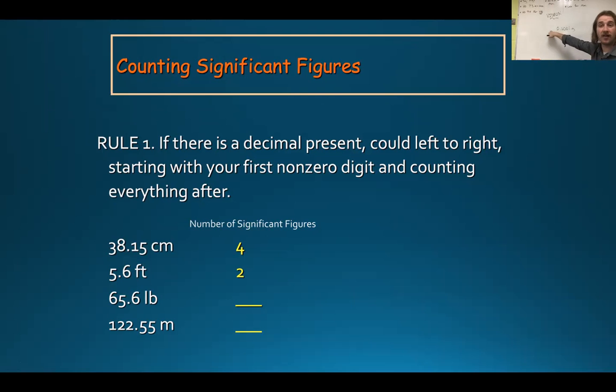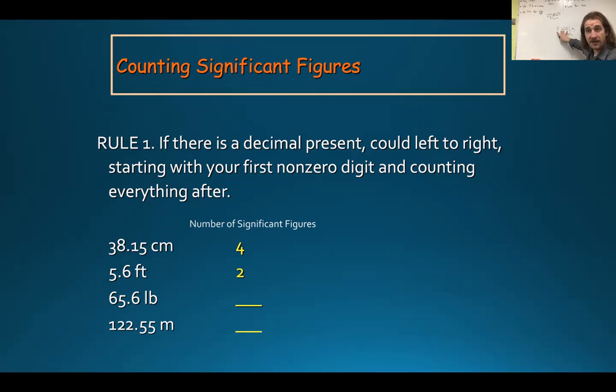Decimal present, we count left to right. Our first non-zero number is the 1. This has 1 significant figure. We can rewrite this as 1 times 10 to the -4th gram. This still only has 1 significant figure.